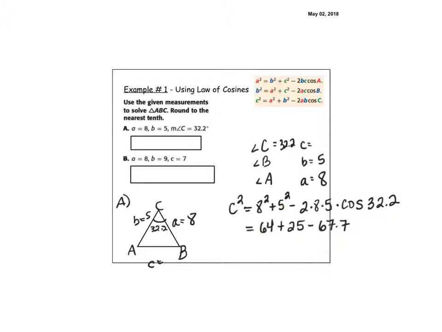And if you calculate this all out, you get c squared is equal to 21.3. Now to get c by itself, you have to take the square root of both sides. So c equals the square root of 21.3. And you get 4.6. So c is equal to 4.6.